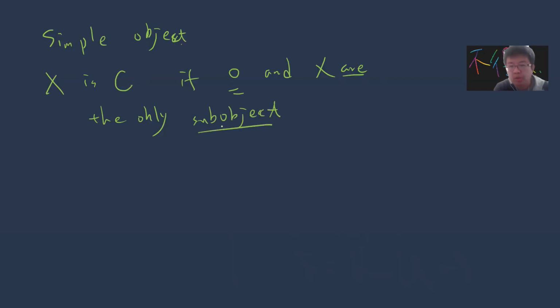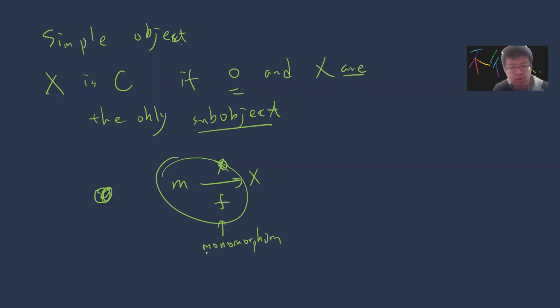Let me explain what sub-object means, since I haven't introduced it. A sub-object of X means that there is a monomorphism F from some object M in the category to X. You can check my previous video for what monomorphism means, but basically, in a set it is just injective, and in an Abelian group it is a homomorphism that is injective.